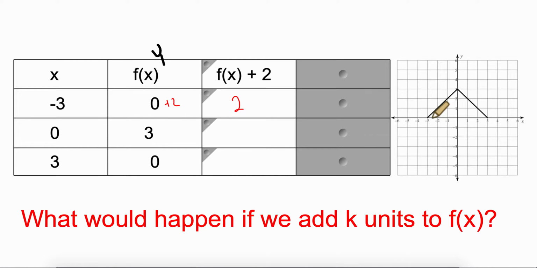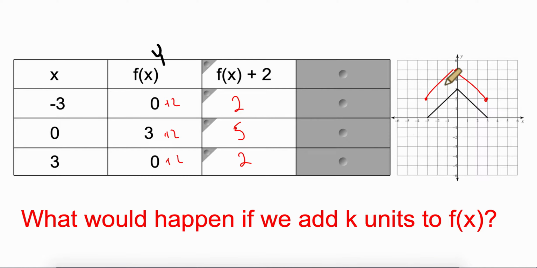So I'm going to go over -3 and up 2. At 0, the value of the function was 3, but I'm going to add 2 to it. So now the value of the function is 5. So 0, 5, I plot my point. And at x was 3, my value was 0 plus 2 again. Boom, 2. So now we can draw this function.